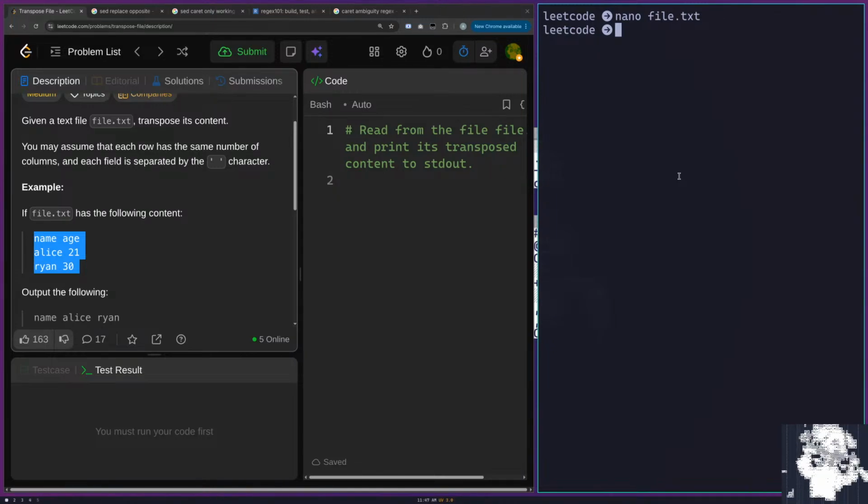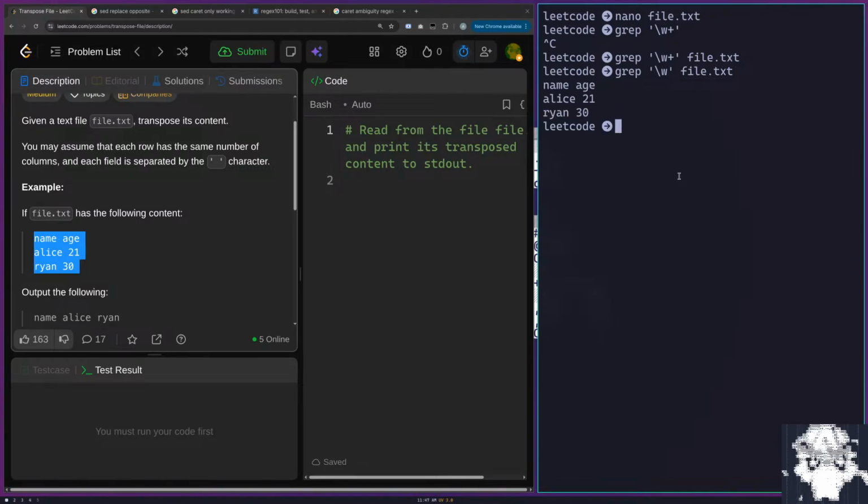So grep \w. What does that give again? And then file.txt. So \w gives me every word.